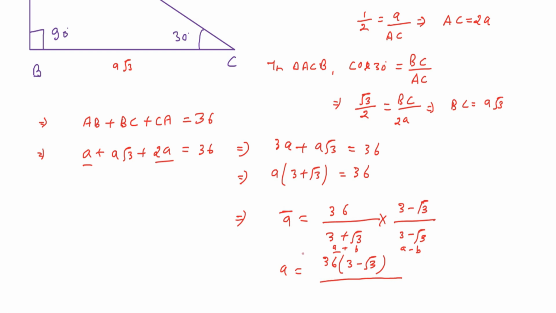That means 3 plus square root of 3 times 3 minus square root of 3 will be written like 3 square minus square root of 3 raised to 2. So after simplifying this, we will have 36 times 3 minus square root of 3 whole divided by 3 square, that is 9, minus square root of 3 square, that is 3.